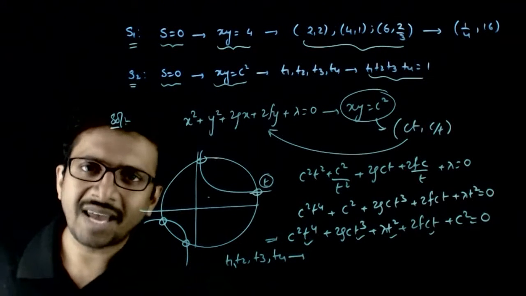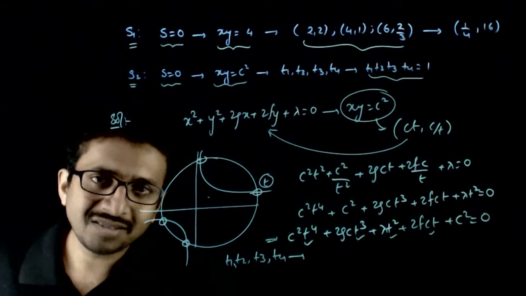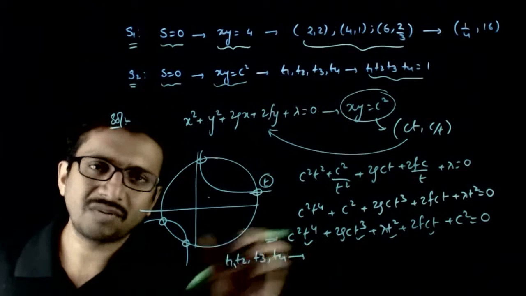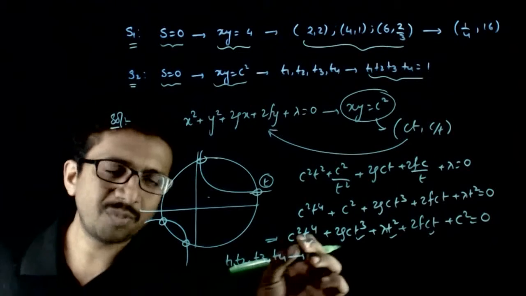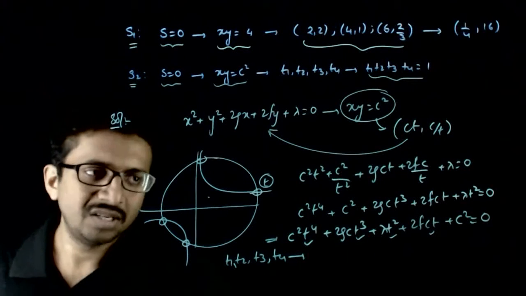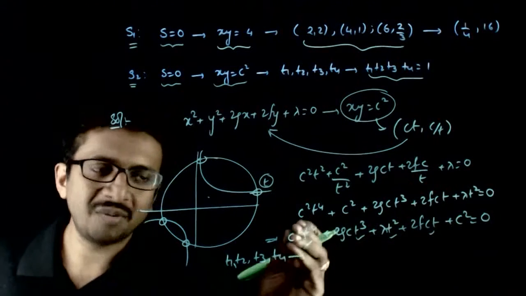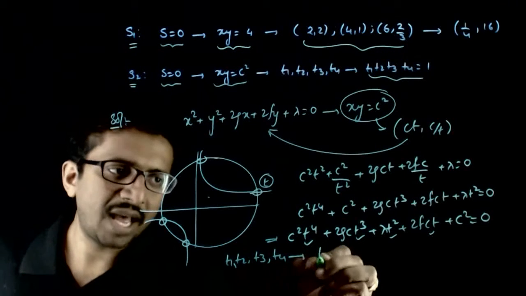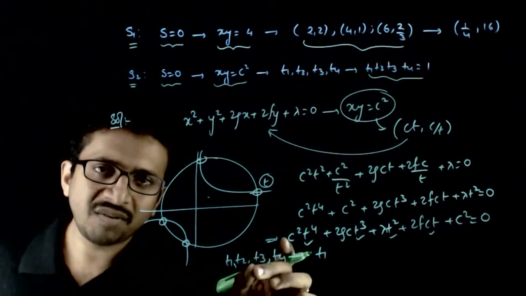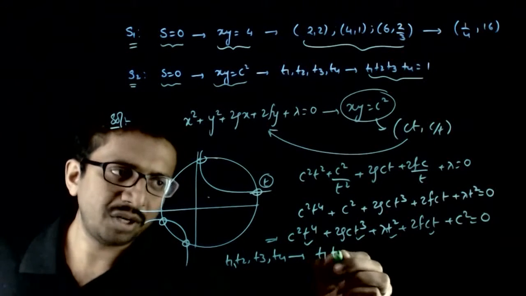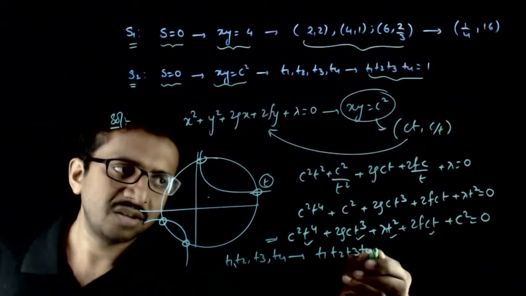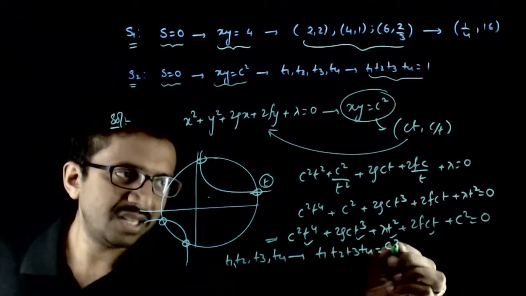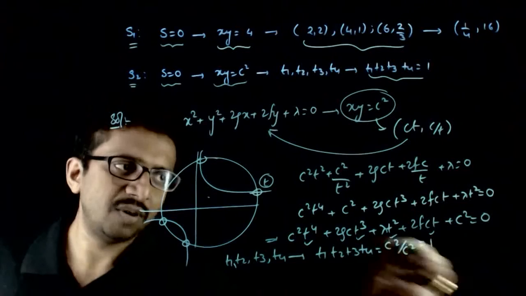It's an analytical problem. But what is the product of the roots of this equation? The product of the roots is the constant term by the t power 4 coefficient. So I don't know individual t1, t2, t3, t4, but the product of all these parameters has to be c square by c square, which is equal to 1.